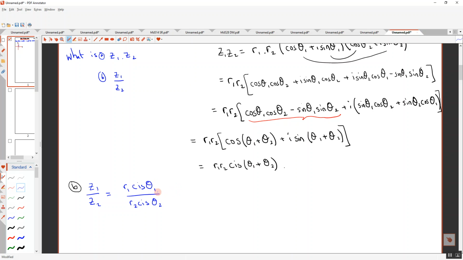Okay, now to get there, we don't like having this part on the bottom. How are we going to get rid of it?